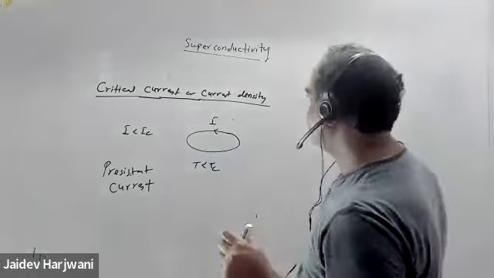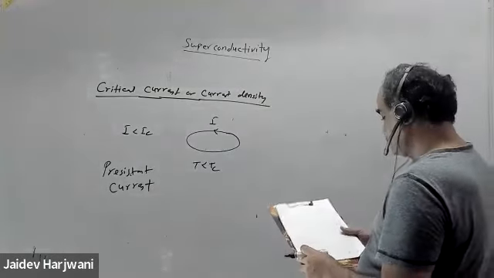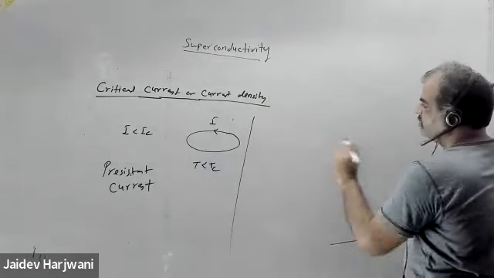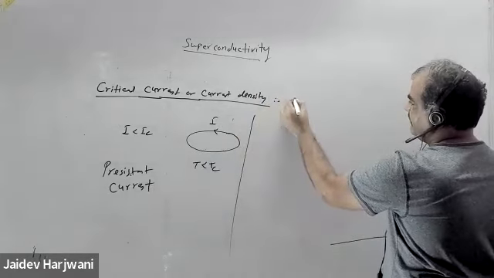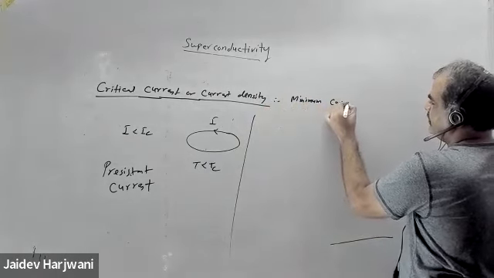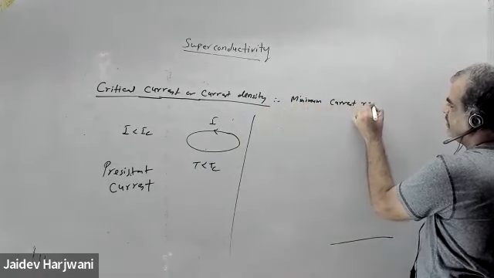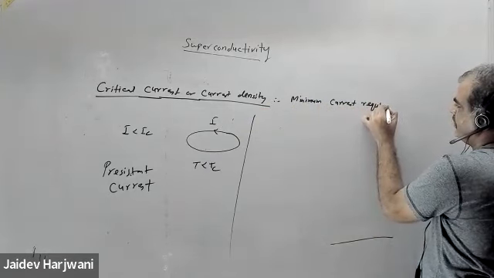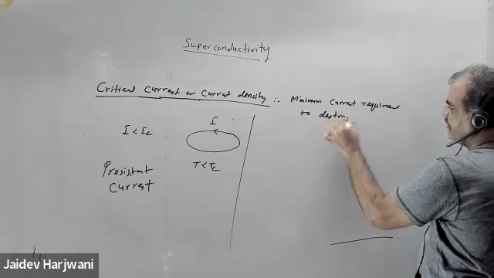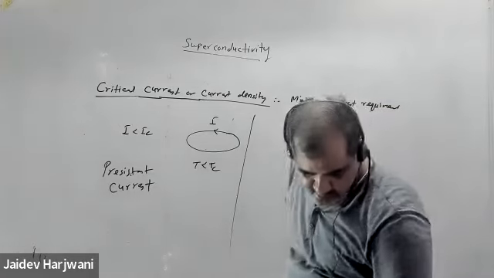Now, what is critical current? Critical current is the minimum current required to destroy the superconducting state. Any question? You can ask by turning on your mic, because it is difficult to see the chat box.